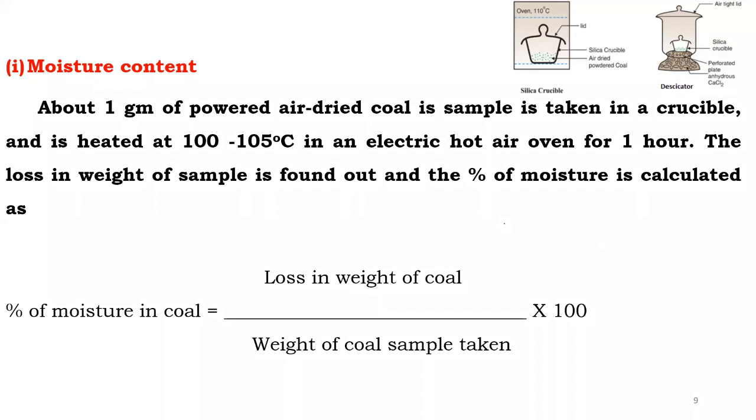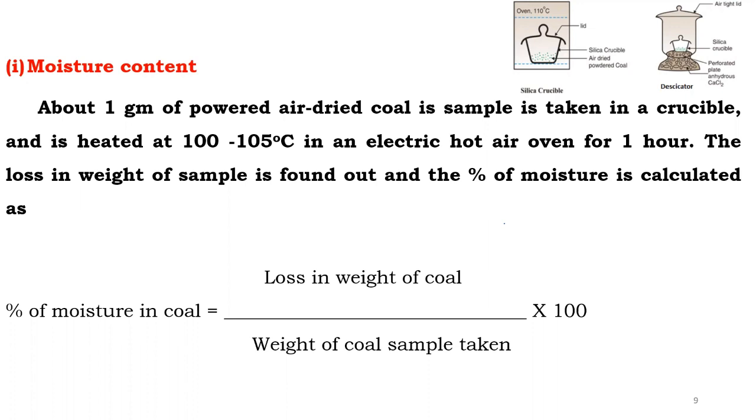Okay. What is the percentage of moisture, what is a crucible, and why do we have to heat at 100 to 105 degrees centigrade? What is our aim? Our aim is to analyze the moisture content. Moisture content is nothing but the percentage of water present in a coal sample. We know that the boiling point of water is 100 degrees centigrade. So if we heat any substance above 100 degrees centigrade, the moisture will be removed.